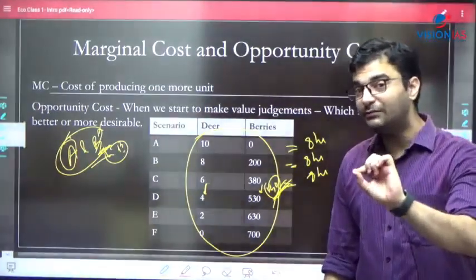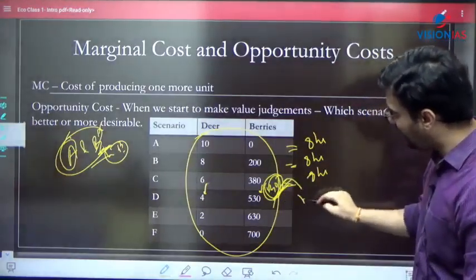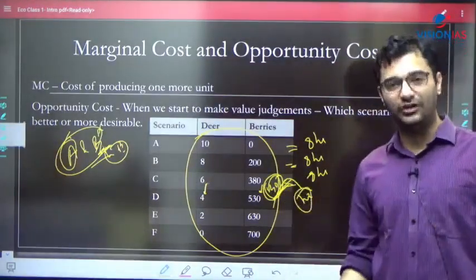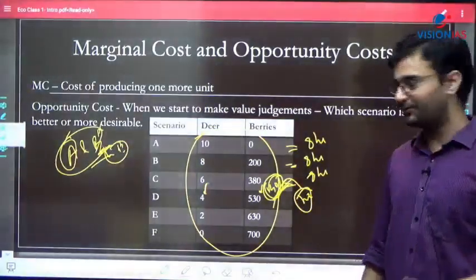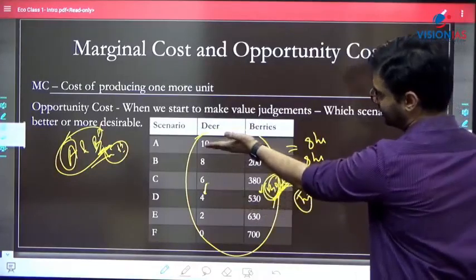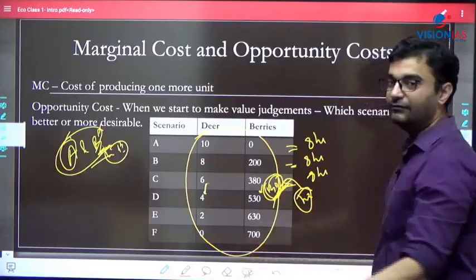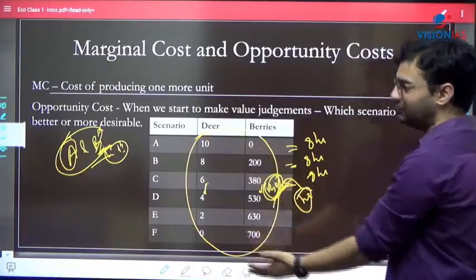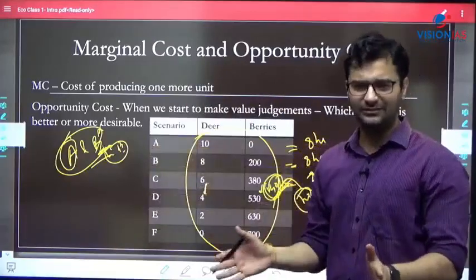But we are not able to translate कि 150 berries की cost is how many hours. Hours के terms में we cannot tell. Marginal cost is in terms of the resource. This will give us only an idea that this costs 8 hours, this costs 8 hours, everything costs 8 hours. We will not get the idea of what is the marginal cost. We can get the idea, but फिर मेरे को थोड़ा सा और explain करना पड़ेगा. That is not something which is required.